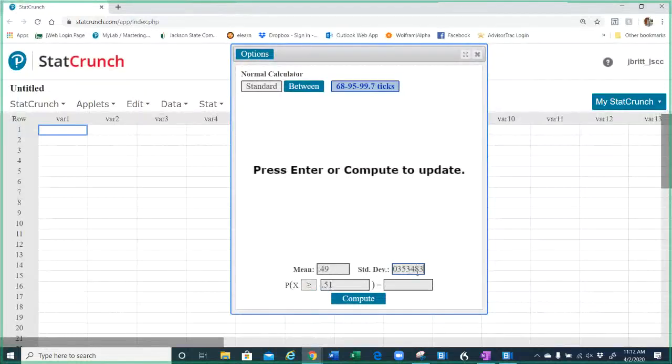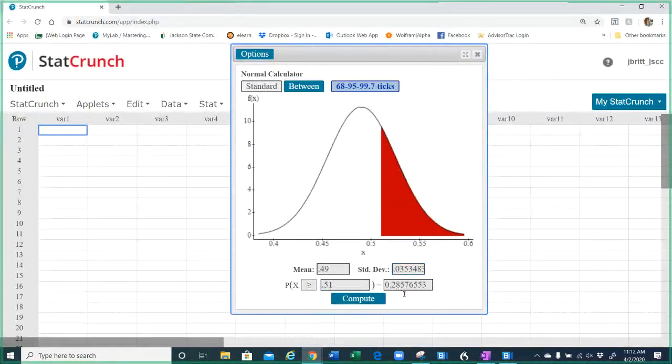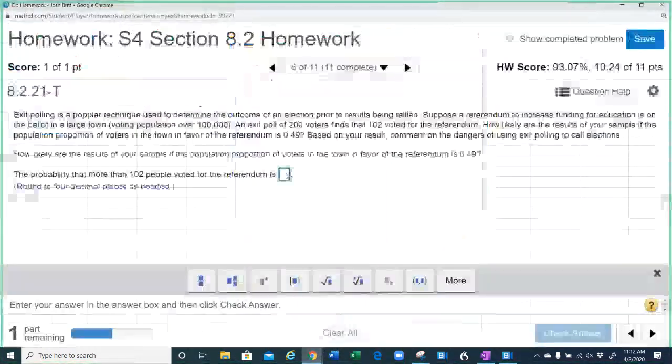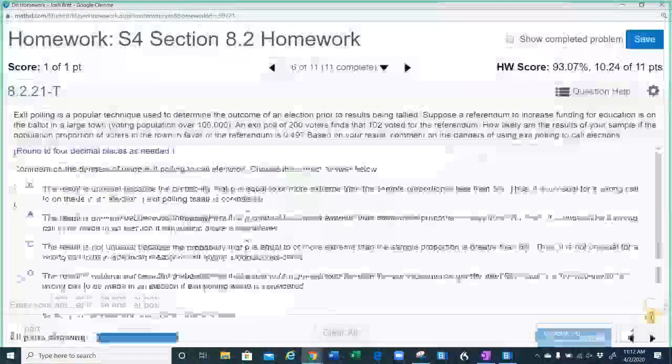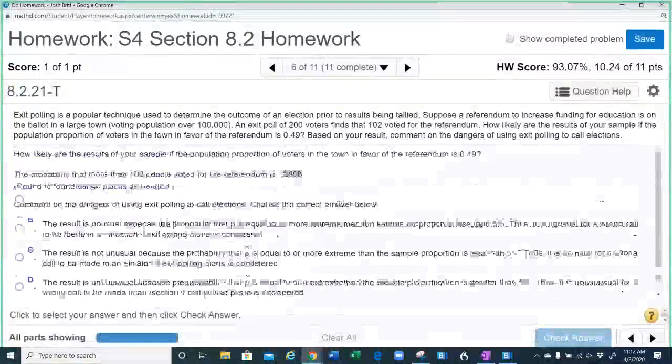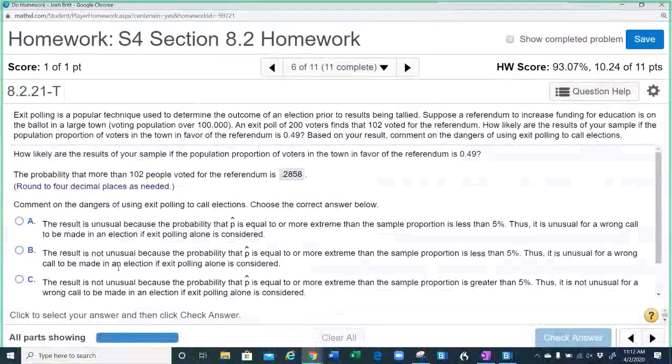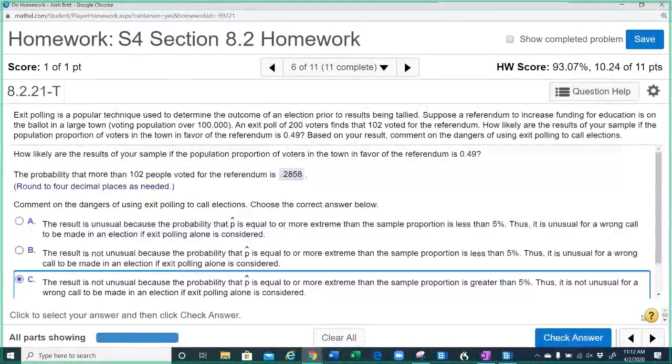Again, go as many as you can, or at least 5 or 6 here. Sometimes my MyMathLab is picky about that. So we get 0.2858. And this is not unusual, so we're going to do either B or C, because the probability is greater than 5%. So it's going to be that one.